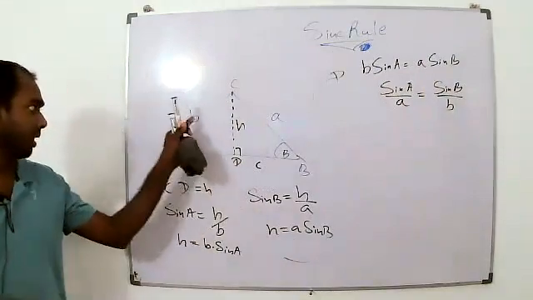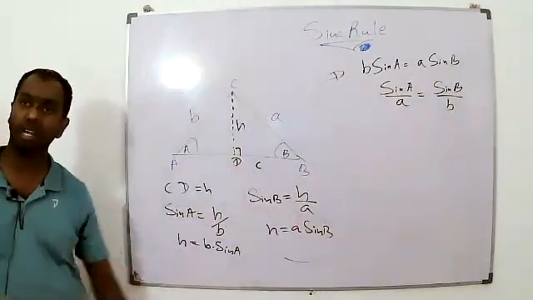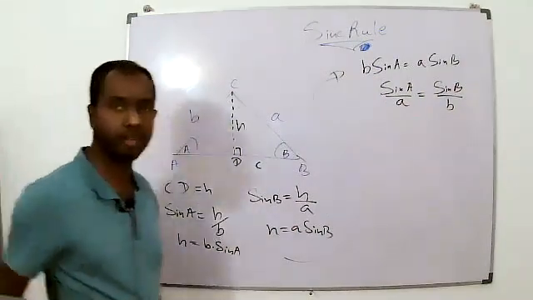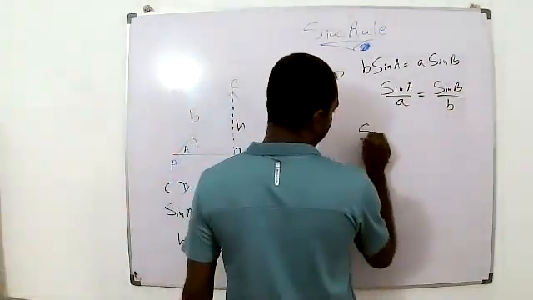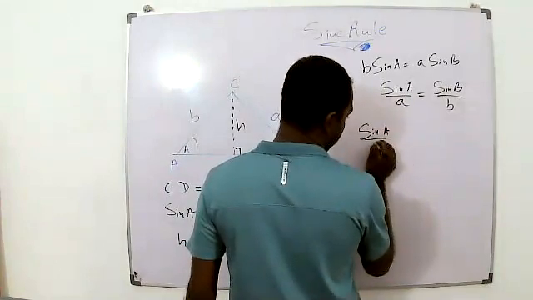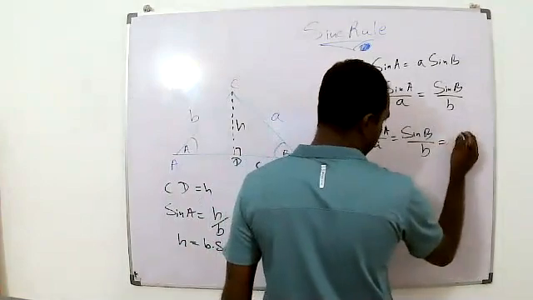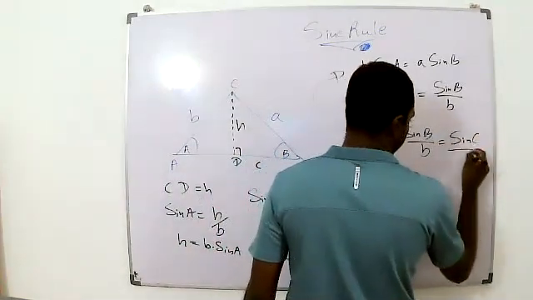Similarly, if you take another two sides with the perpendicular height, you can prove it for c as well. So at a glance, we can say sine A divided by a equals sine B divided by b equals sine C divided by c.